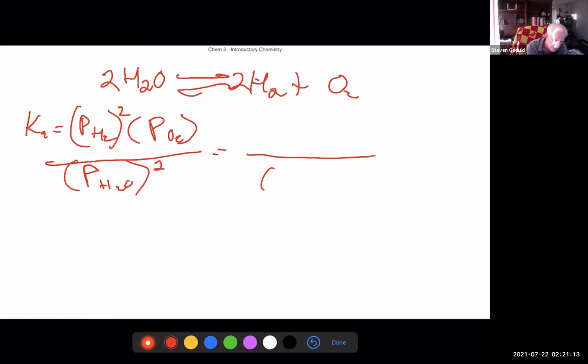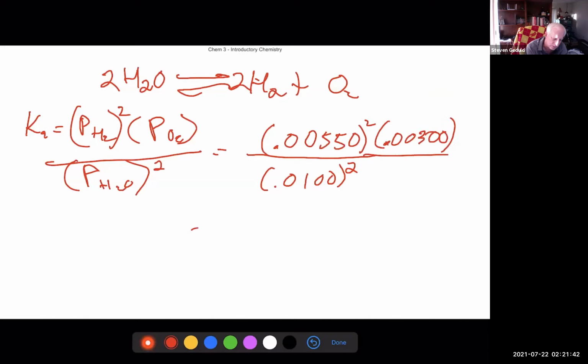So water is 0.0100 squared, and hydrogen is 0.00550 squared, and oxygen is 0.00300. Check my numbers: 0.00550 and 0.0100.